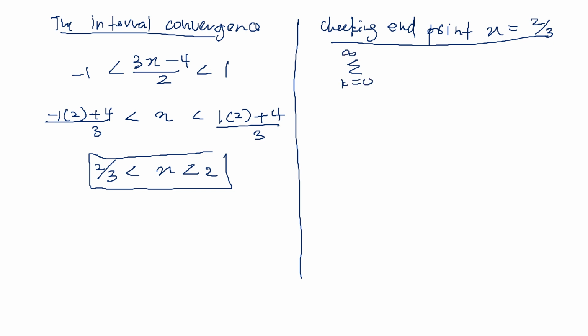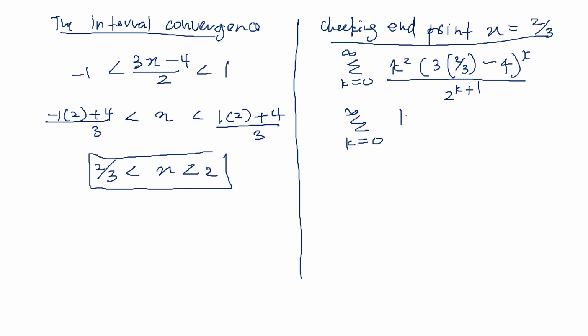Your original series is k squared times 3 times 2 over 3 minus 4, to the power of k, over 2^k plus 1. So you will get k squared, and this one simplifies, you will get 2.